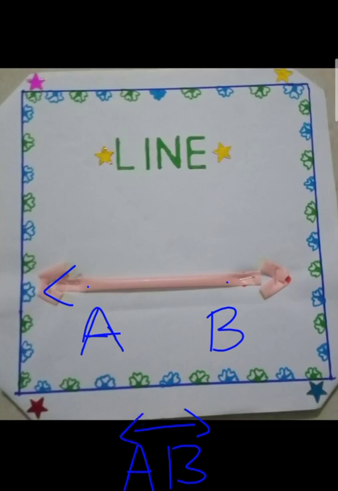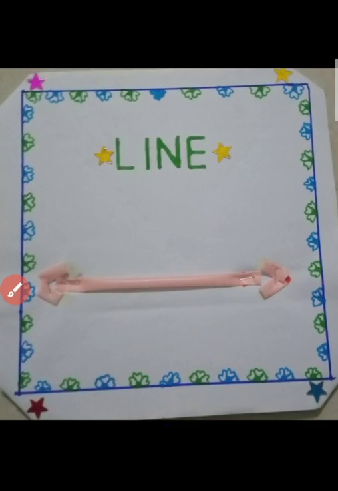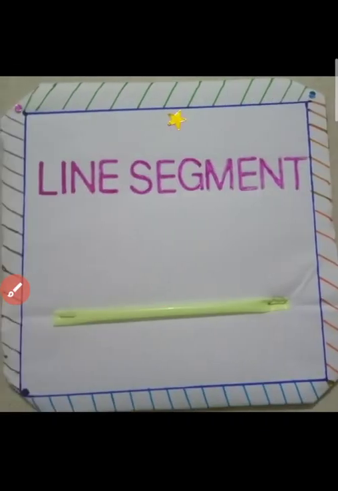Already we know all these things, geometrical parts in a previous grade. Let's revise again. Next one is a line segment. A part of a line with two endpoints is called a line segment.